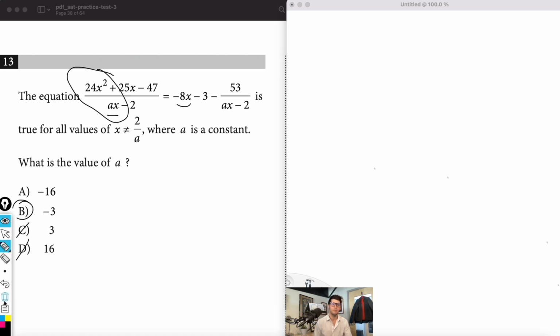So, backing up, first of all, it says this is true for all values other than this. So all that's referring to is we don't want a denominator of 0.